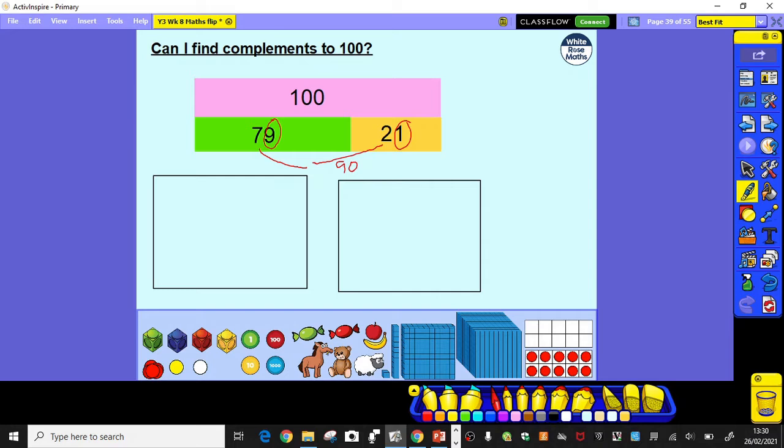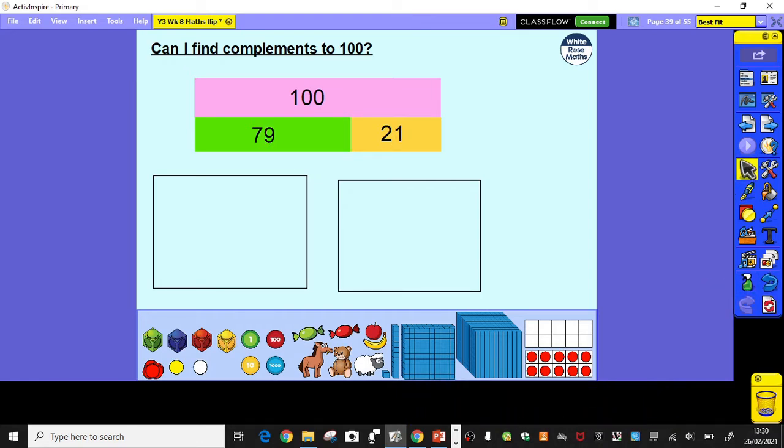So altogether I've got 100. And we can write our different number sentences. Have a think and see what number sentences you might want to write. See how many you can come up with.